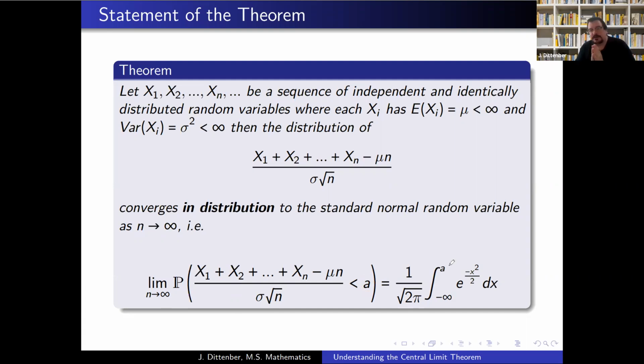So in other words, we can use the standard normal random variable to calculate probabilities for the sum of these independent and identically distributed random variables.